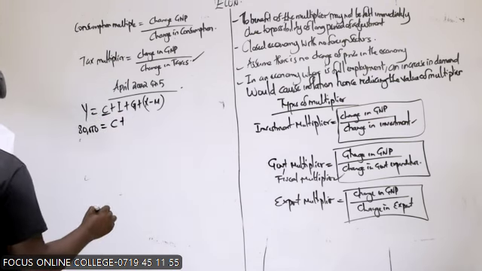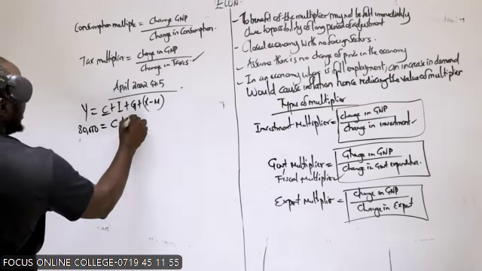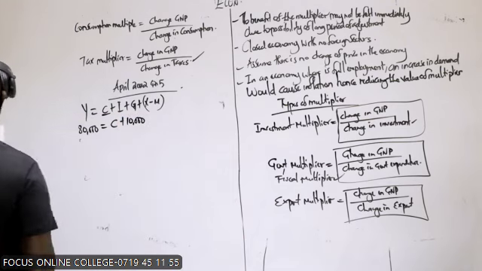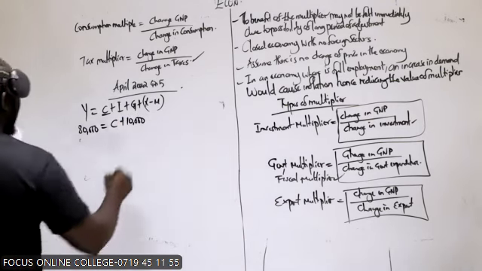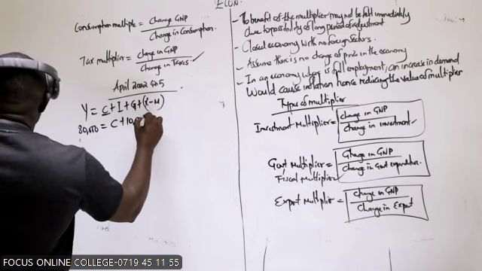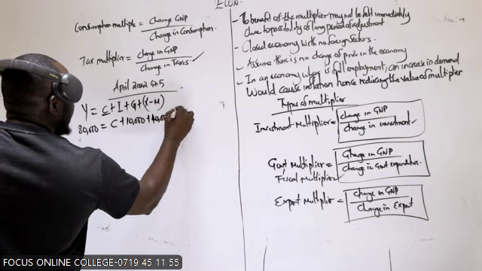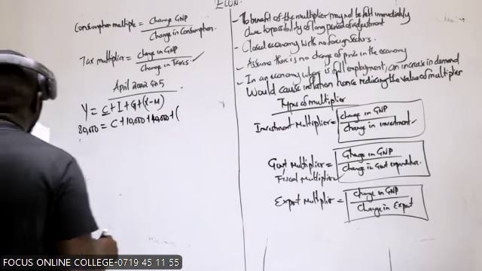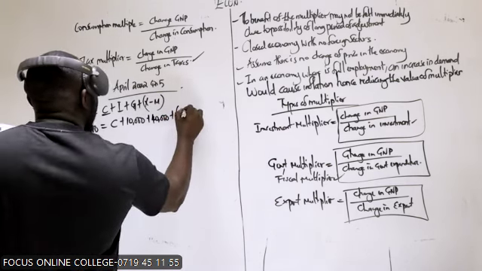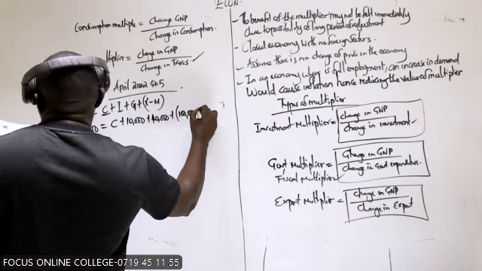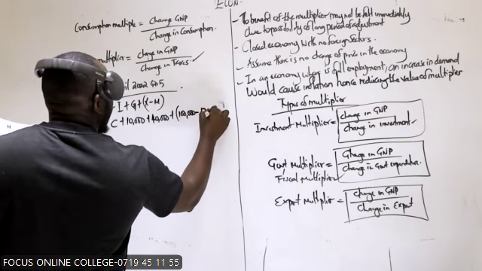But I have investment, which is 10,000. I have government expenditure, which is 40. Are we together? Then plus, we put into a bracket, export minus import. So 100,000 minus 120,000.